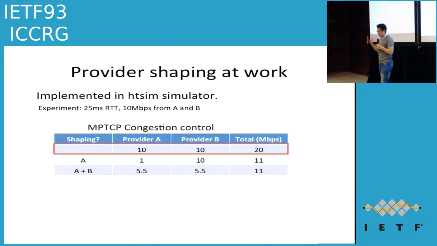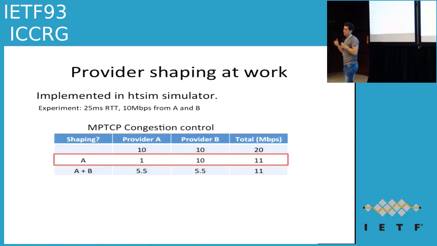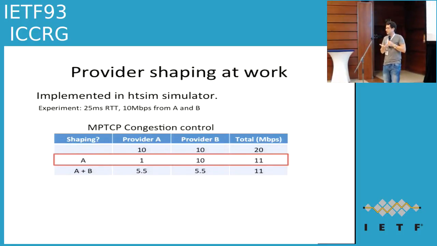As soon as provider A starts shaping, it manages to offload most of its traffic to provider B. That's just because the MPTCP congestion controller reacts very quickly. It sees a higher loss rate, moves traffic away. So clearly there's an incentive for provider A to do this, because all of a sudden now it's carrying a lot less traffic.